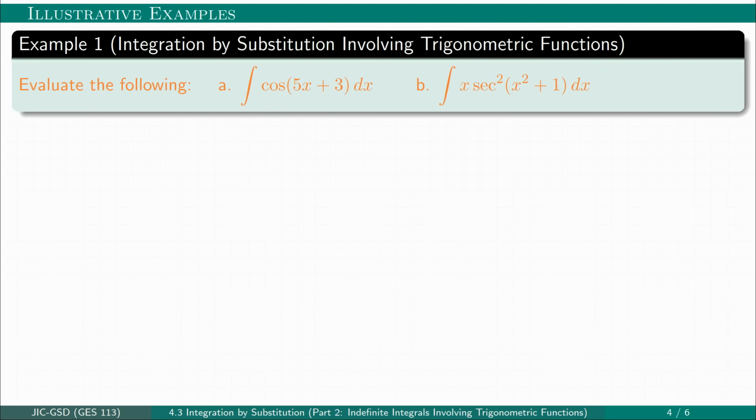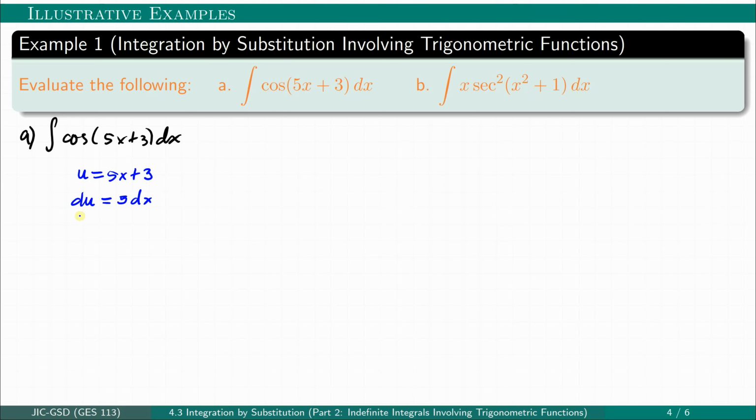For our first example, we have the integral of cosine of 5x plus 3 dx. In this case, we just let u be our angle, 5x plus 3. So that means the derivative of u will be the derivative of 5x plus 3, which is 5 dx.